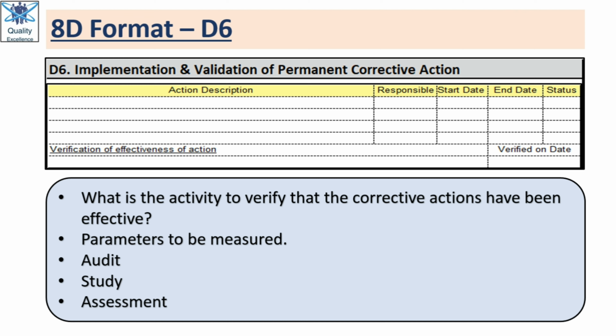So what is the activity to verify that the corrective actions have been effective? What activity you will do? You can set some parameters to be measured, you can carry out audit, you can do study, or you can assess that particular action or process after implementation.